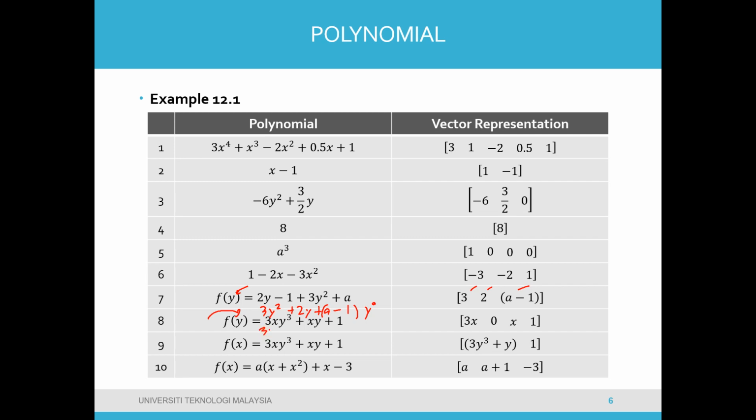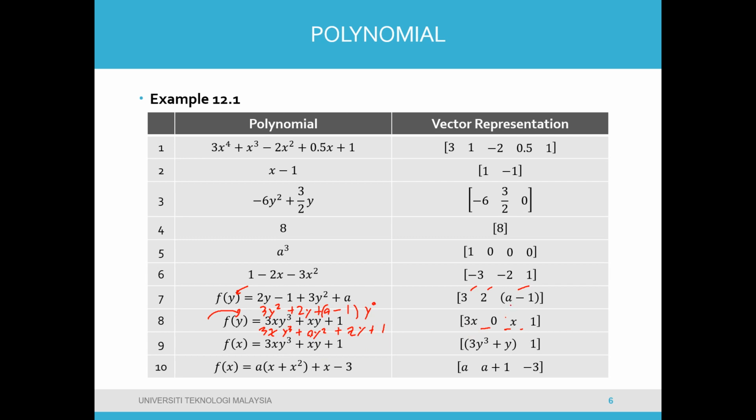So 3y cubed, and then plus 0y squared, because there is no y squared here, so just put 0y squared, and then plus xy plus 1. You can copy it back: 3 0 x 1. You can just use a space here.